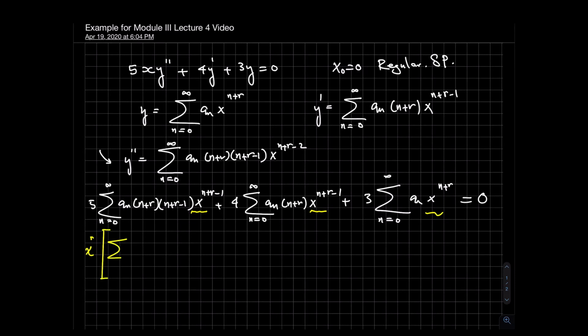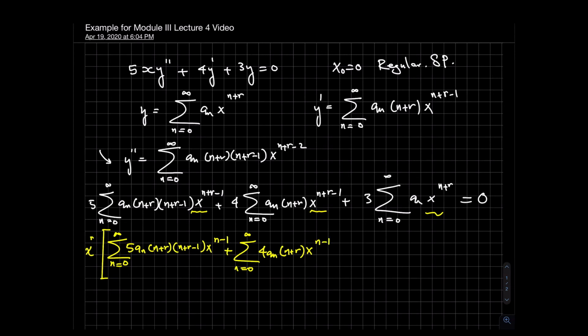So it's a summation of 5 a_n (n plus r)(n plus r minus 1) x to the power of n minus 1. You see r is gone, so it's much cleaner. Really doesn't affect the calculations at all. Plus the summation of 4 a_n, n from 0 to infinity, of (n plus r) x to the power of n minus 1.